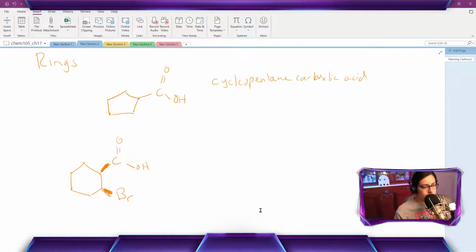So this one, notice these wedges are on the same side. So this is going to be cis. And then this takes the 1 position. And now this can be 2, 3, 4, 5, 6. So cis 2-bromo, cyclohexane, since it's 6. So cis 2-bromocyclohexane carboxylic acid.